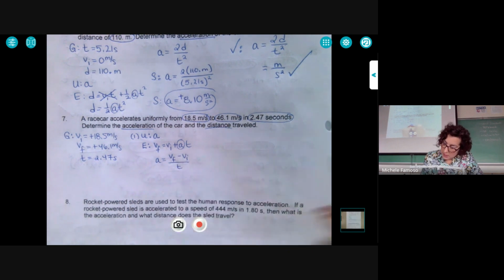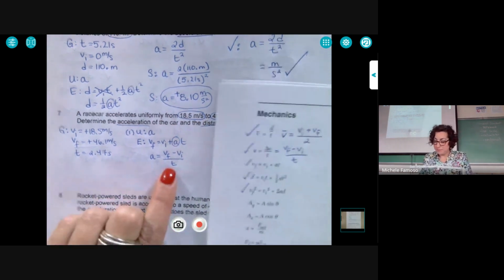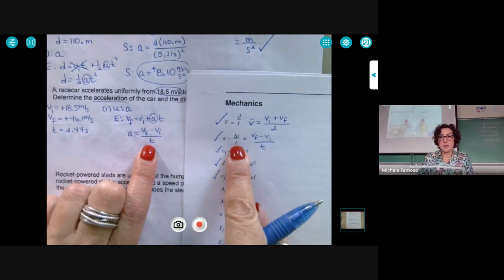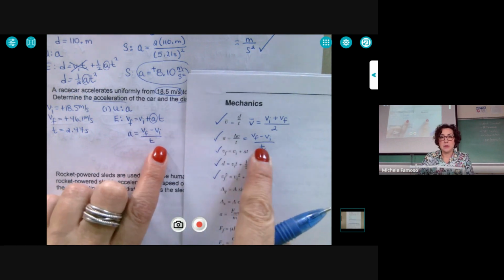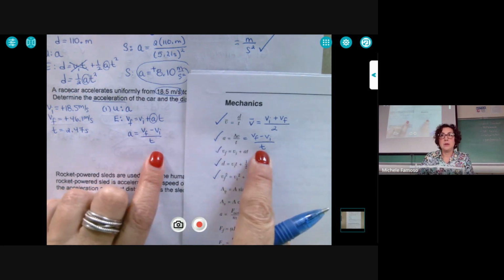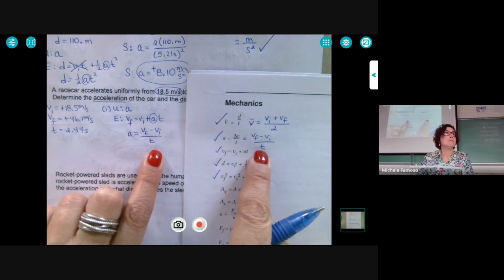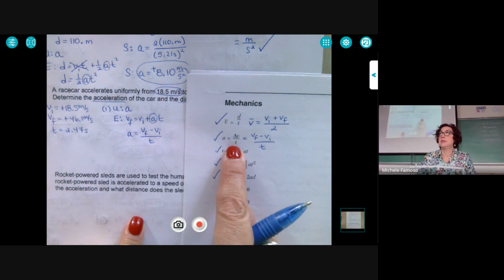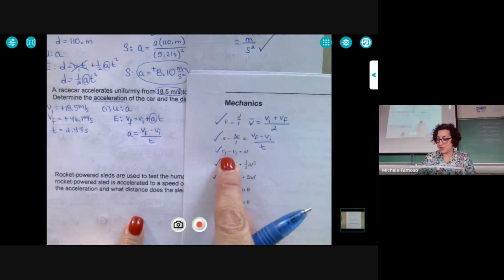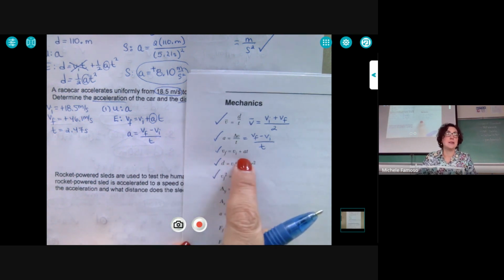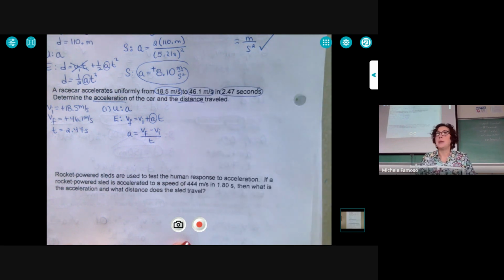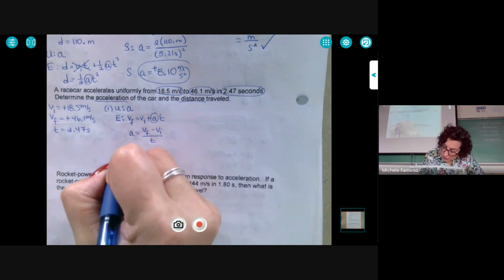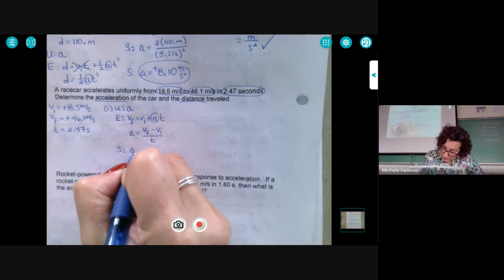Correct. I want you guys to notice something. Isn't that the same as what we had right here? Do you see it? It is exactly the same. So if you wanted to start with this, that would have been cool too. It's the same equation. They just have it kind of spelled out for you here. Either way. All right, let's do your substitution with units.